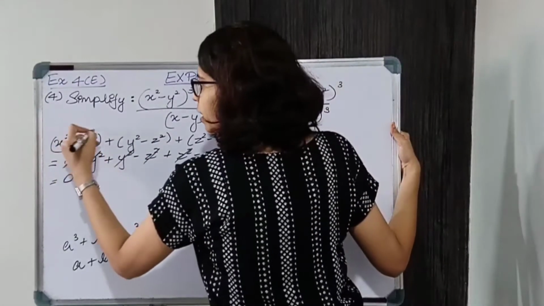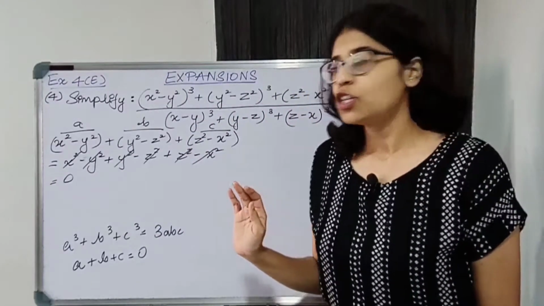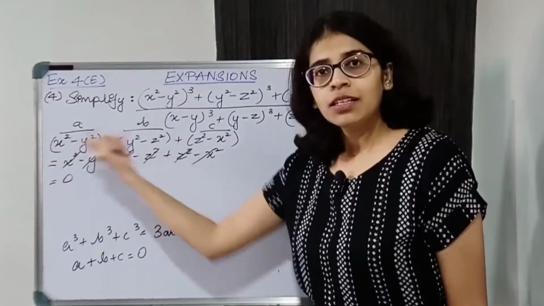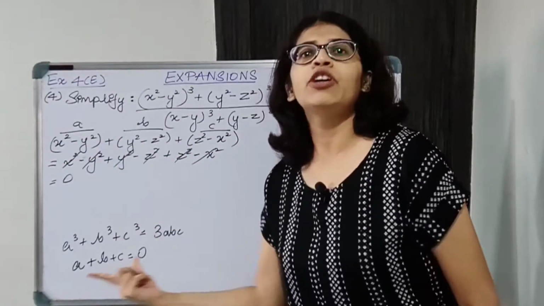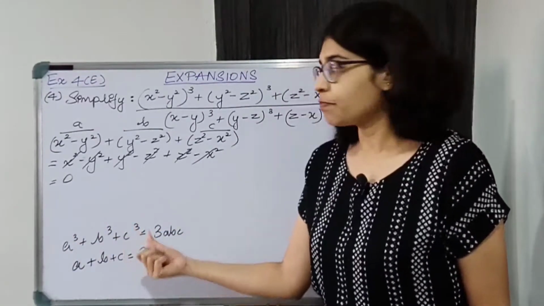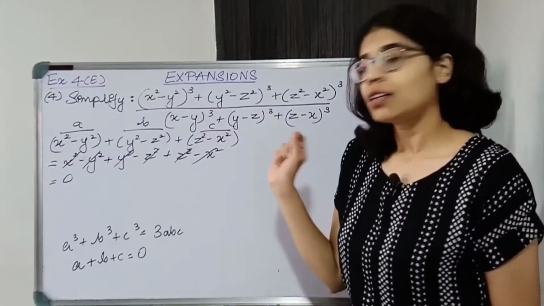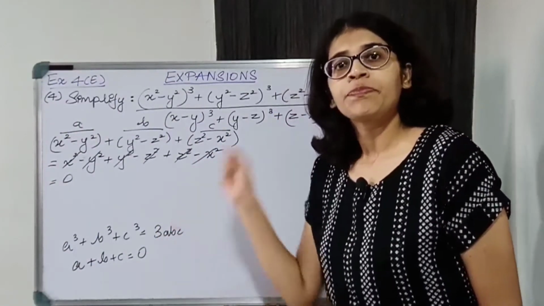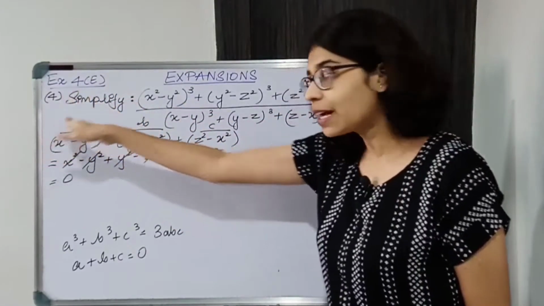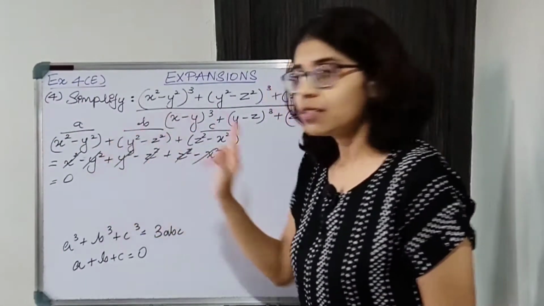This whole thing is A, this whole thing is B, this whole thing is C. So if there are 3 terms, and on adding all three terms you are getting 0, then if you take the cubes of these terms and add them, the expanded form will be 3abc, that is 3 into a into b into c, that is 3 into this bracket into this bracket into this bracket.